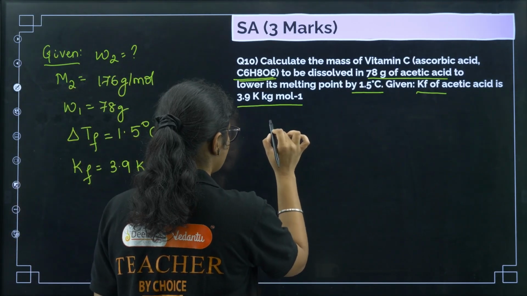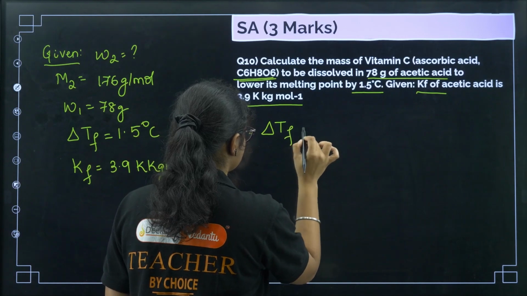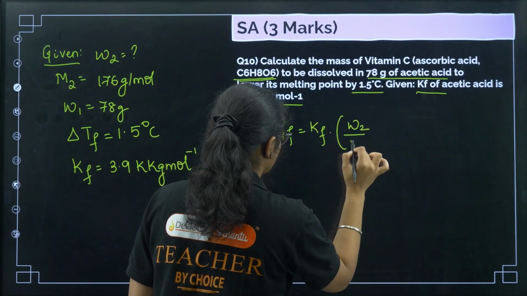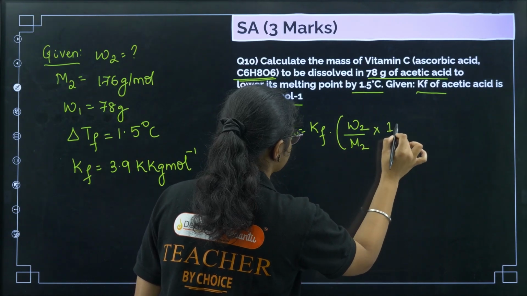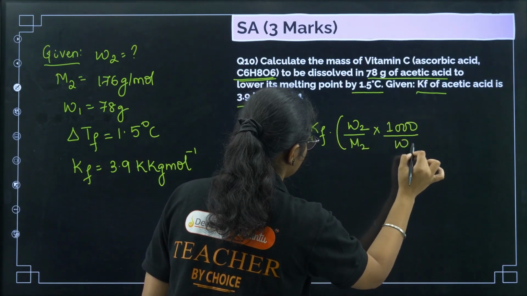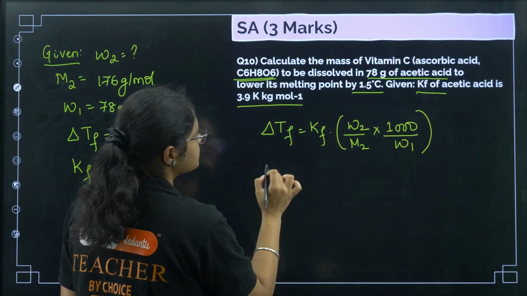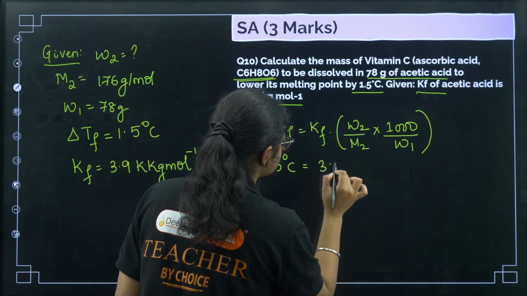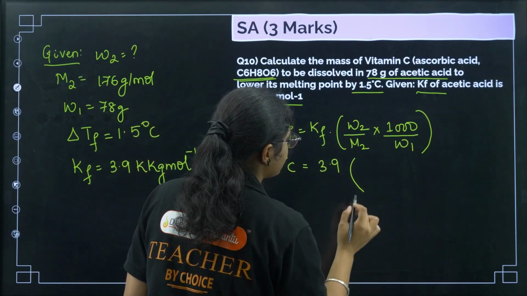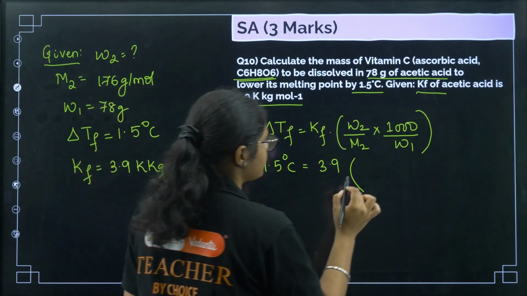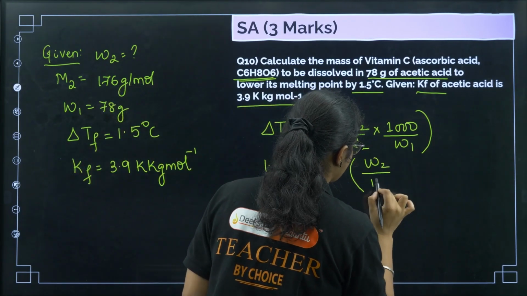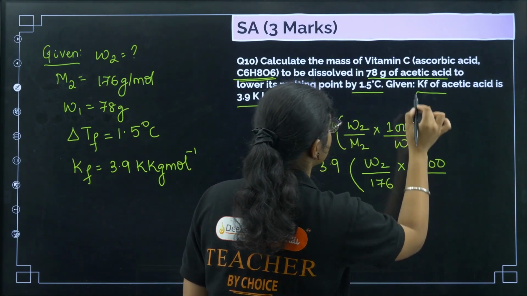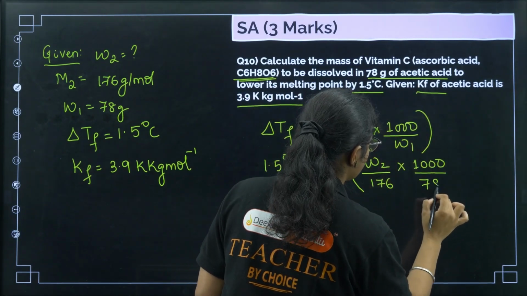Okay, now let us start this one. We have the formula, delta Tf is equal to Kf into molality, that is W2 by M2 into 1000 by W1. Let us substitute now. What is delta Tf? 1.5 degrees Celsius. Kf value is 3.9. Next, W2 value is what we need to calculate. Molar mass we already calculated, 176, into 1000, by W1 which is 78.